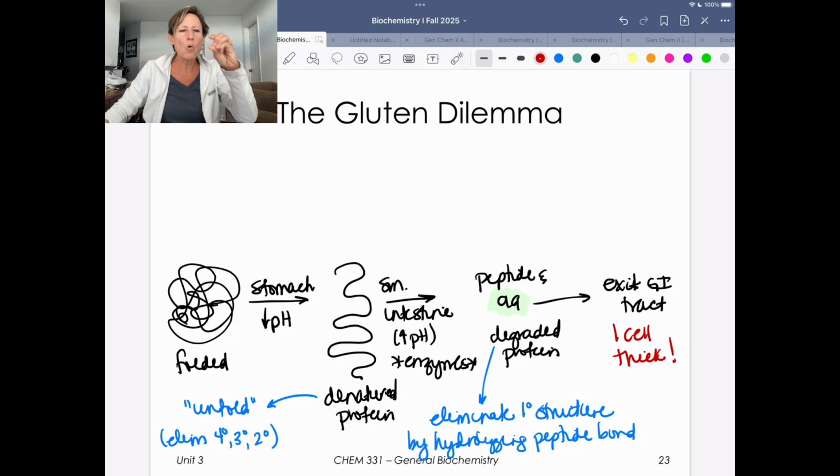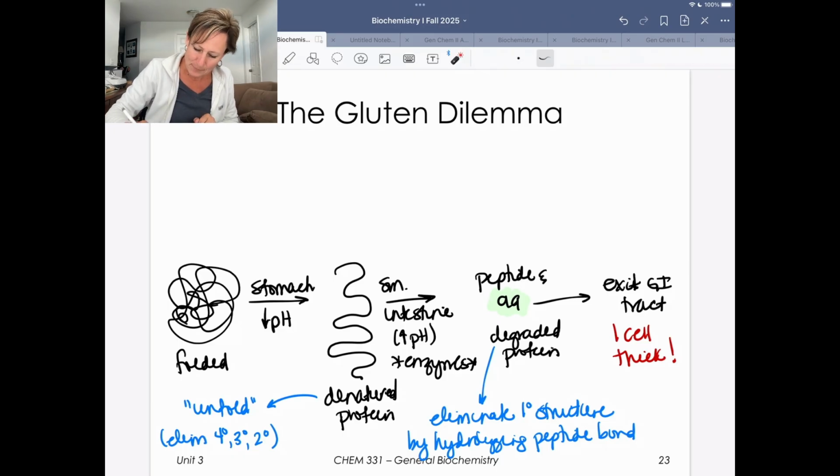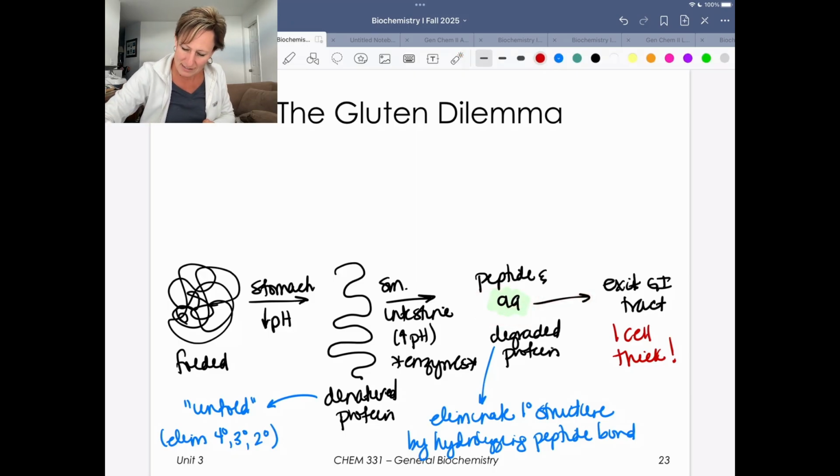There is only one cell that separates you from the outside environment. Remember, from the start to the end of your GI tract, it's basically a tube that runs within you, and it's the external environment that is running all through you. But again, it's important that these amino acids are allowed to exit the GI tract because these are monomer building blocks.